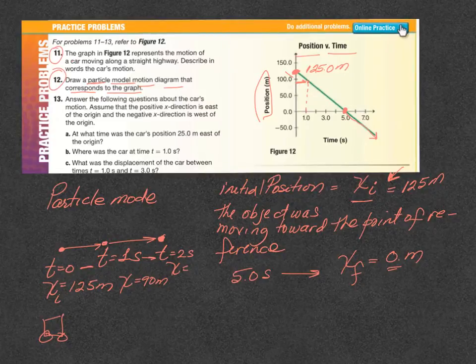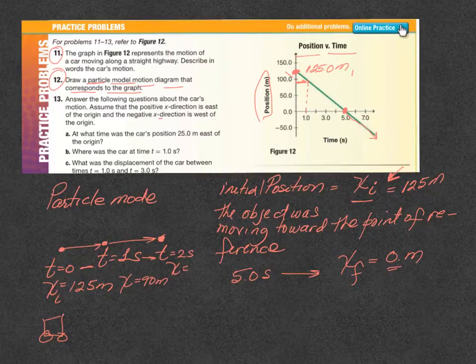Okay, 13. It says over here, answer the following questions about the car's motion. Assume that the positive x direction is east of the origin, and the negative direction is west.